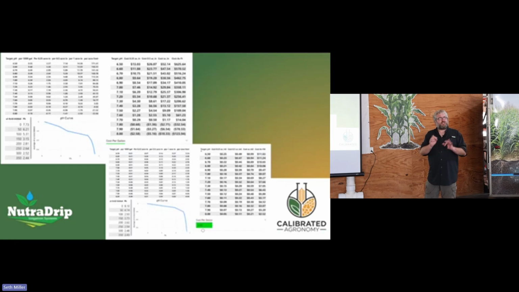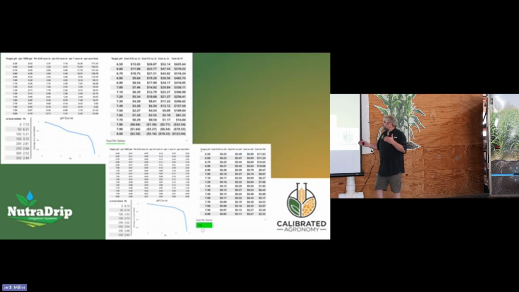To start with, we simply drop the pH to amend it, because as we drop the pH, we can burn bicarbs out and things like that. Then we build this table showing, in order to reach a target pH, how much is it going to cost me per quarter acre inch, half acre inch, acre foot? So we can get an idea of how economical it's going to be to attack this problem.